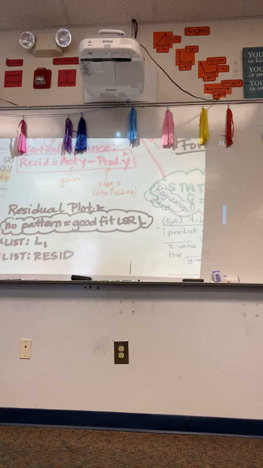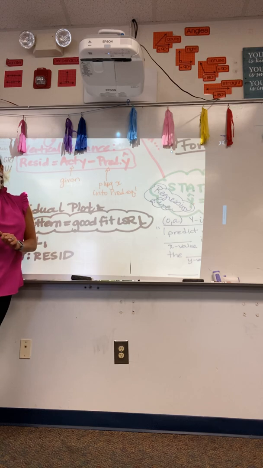Obviously, some of the residuals will be positive, some of them will be negative. And when you graph this, you should see no pattern equals good fitting line. If there's a pattern, like if it looks like a parabola, then you probably should have done a quadratic regression instead of a linear regression. Okay? So whatever pattern you see, that's probably what would fit it better.